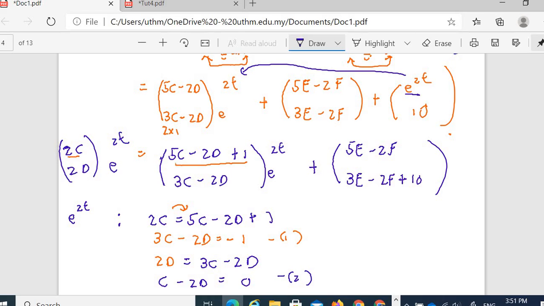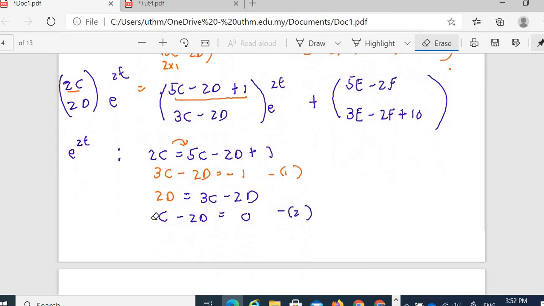Solving 1 and 2, you should be able to get c and d. At this one I made a mistake. This is 3c, minus 2d; bring to this side, so minus 4d.